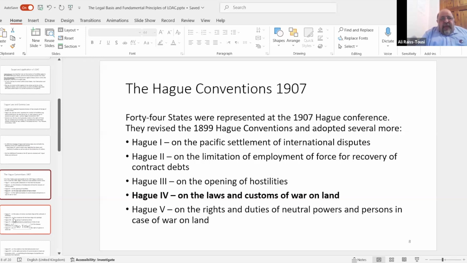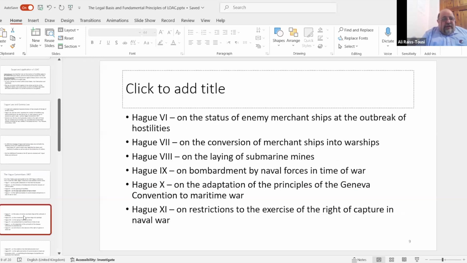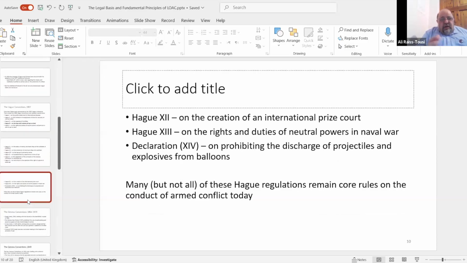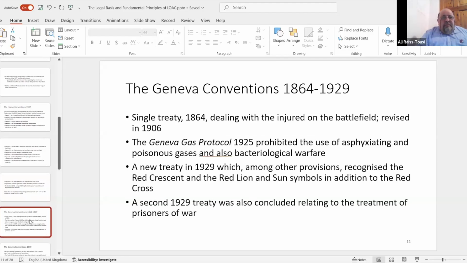So the Hague Conventions were the first attempt at codifying the law that existed as customary practice before 1899 and 1907. Moving on.